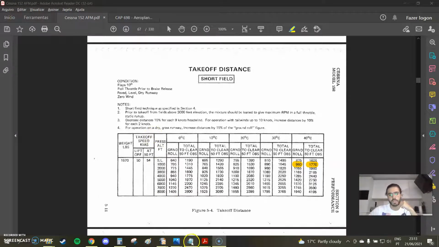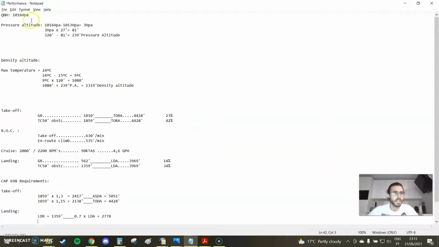So I'll have a document here already done, and if you look at this part here, the first thing that I went for was the QNH. All right, so QNH is 1016 hectopascals, and why? First it is important for you to know that pressure altitude is the altitude, if you don't remember, that you are in relationship with the 1013 isobar.